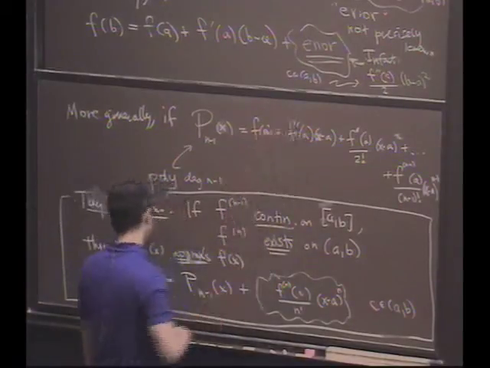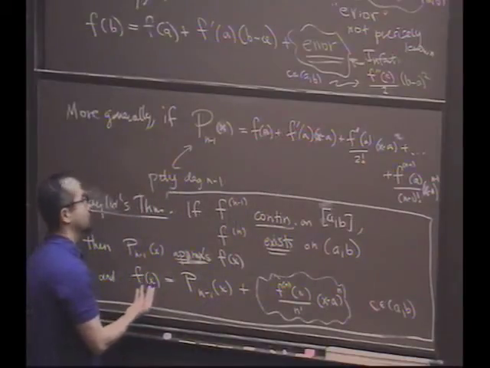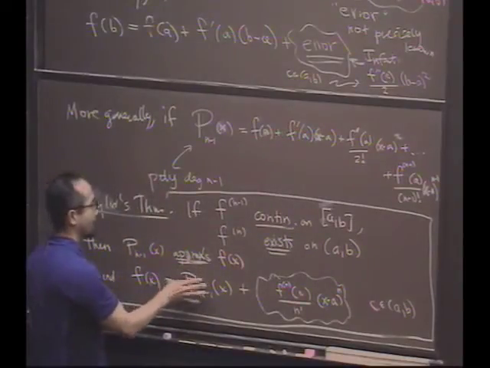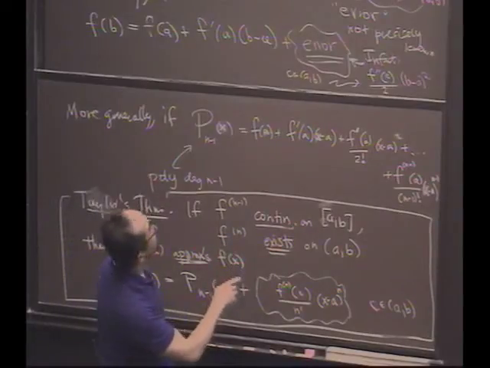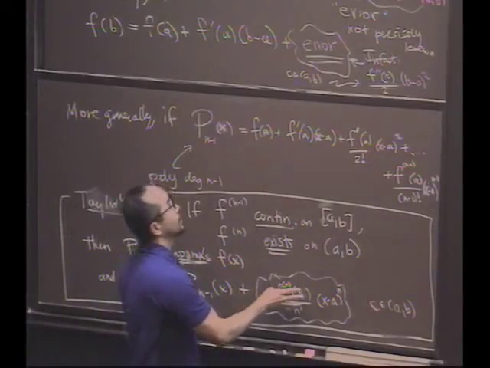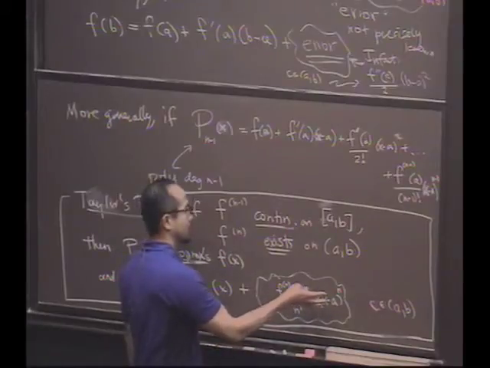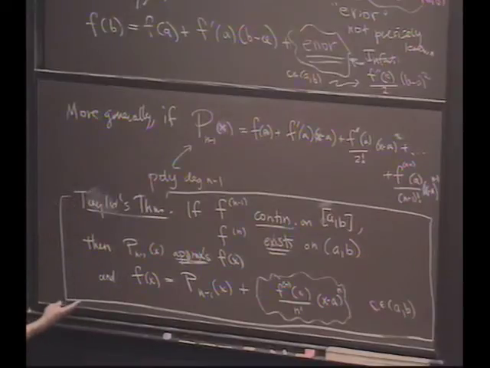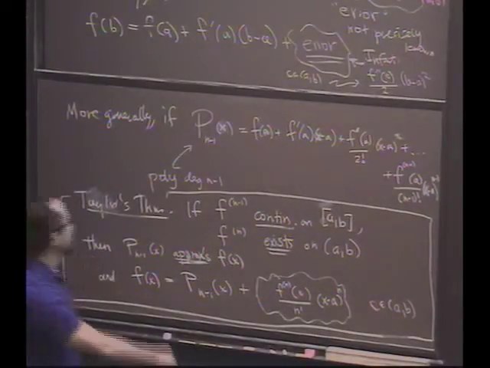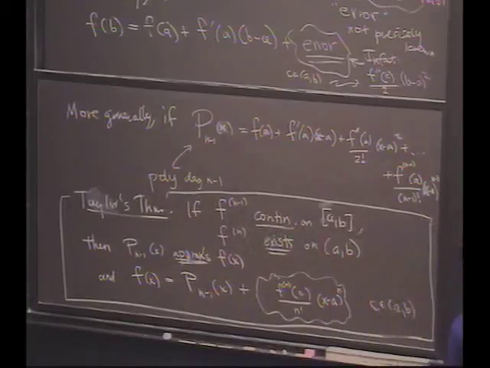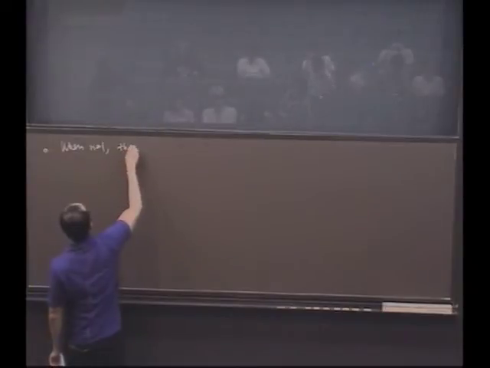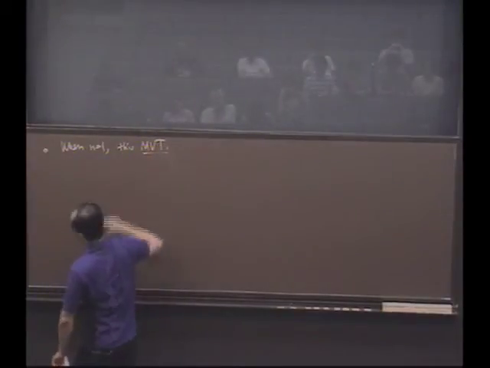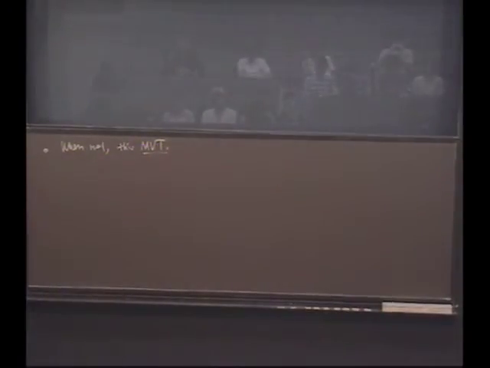It's just f of a. Good, so we're saying that this function is just f at a, and then add what? F prime at c over 1 factorial times x minus a. Is that true for some c? By the mean value theorem. Good. This is the mean value theorem when n equals 1. So the first remark is, when n equals 1, this is the mean value theorem. Taylor's theorem is just a generalization of the mean value theorem.